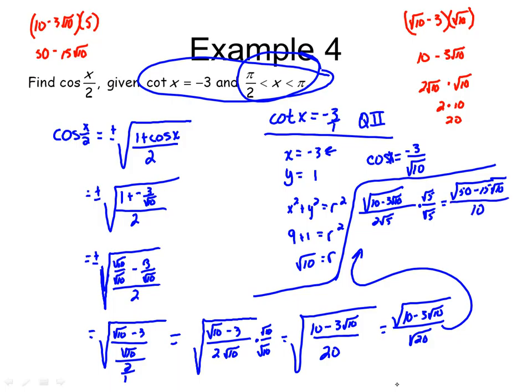And that's it. Look, if you have the square root of A times the square root of B, that's the square root of A times B, and that's where that came from. Because you have the square root of that times the square root of that. Fun stuff, fun stuff, fun stuff.